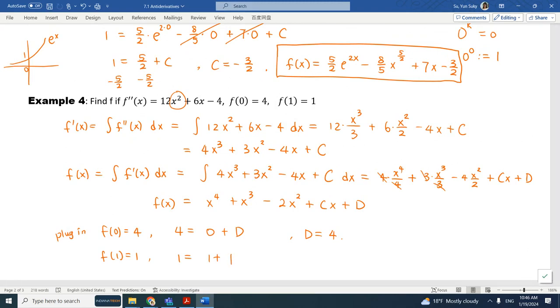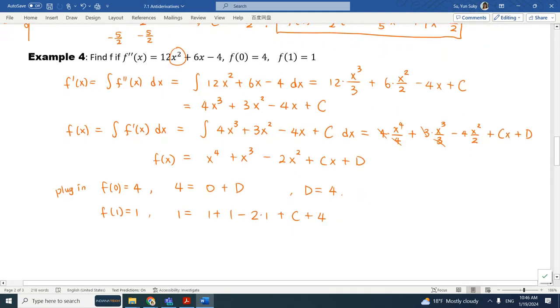Minus 2 times 1 squared? Plus c times 1 is c, right? And what is my d? Very good. Oh, do you see the 1 and 1 and 2 cancel?